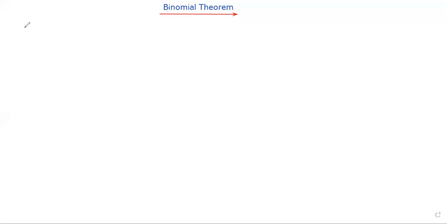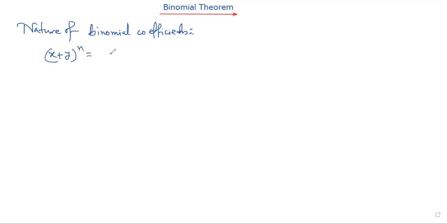Now we want to find the nature of the binomial coefficient. To find this nature, if I take a general expression (x plus y) to the power n, we have done it.